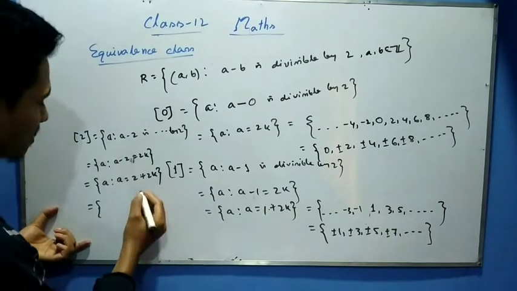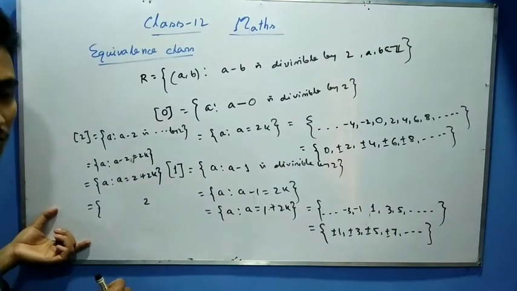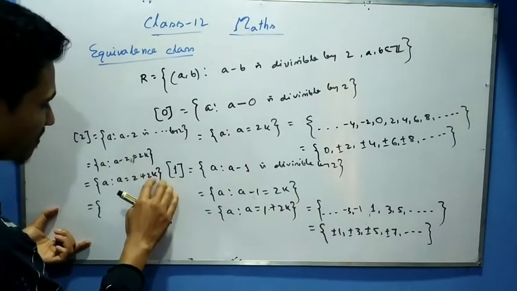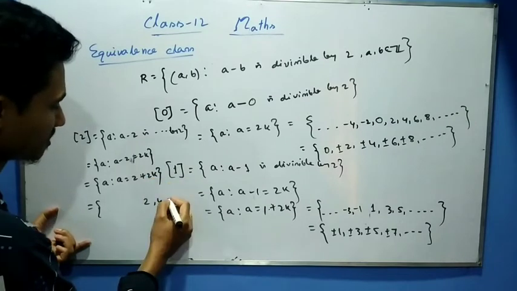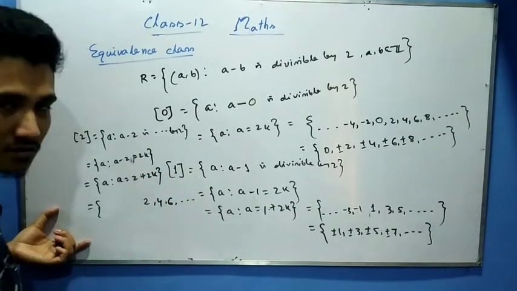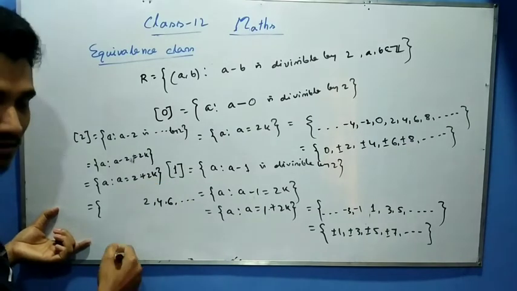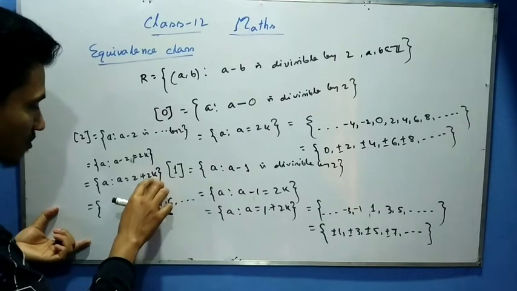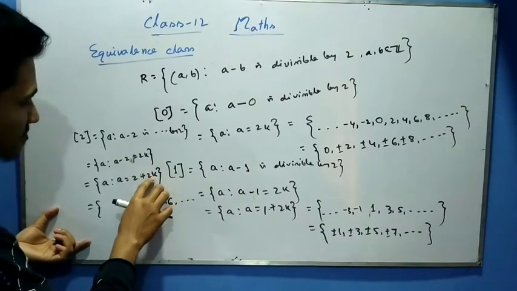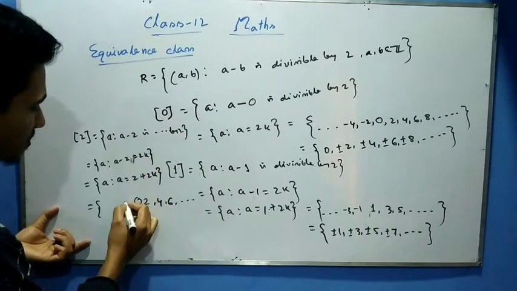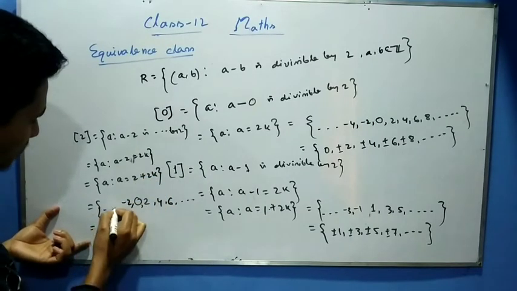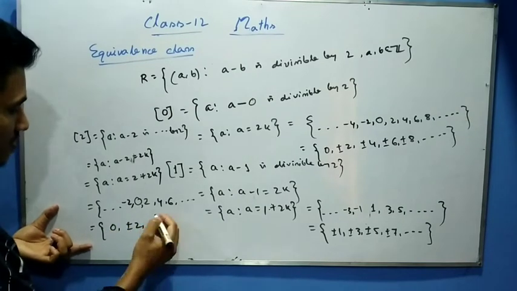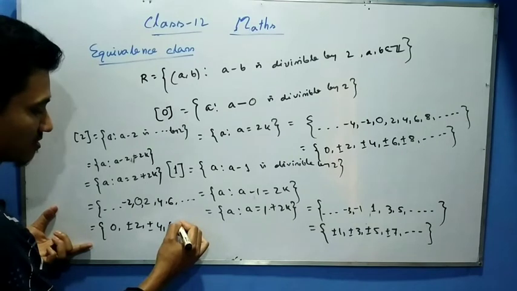If I put K equal to 0, the value is 2. If K equals 1, then 2 plus 2 is 4. If K equals 2, 2 plus 4 is 6, and so on. If K equals minus 1, the value will be 0. If K equals minus 2, 2 minus 4 gives you minus 2. So the elements will be 0, plus minus 2, plus minus 4, plus minus 6, and so on.